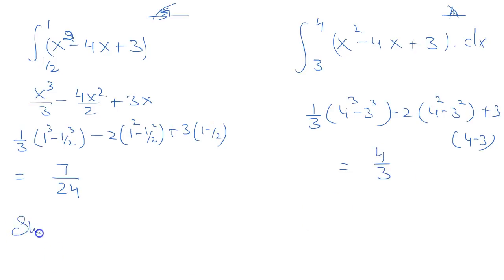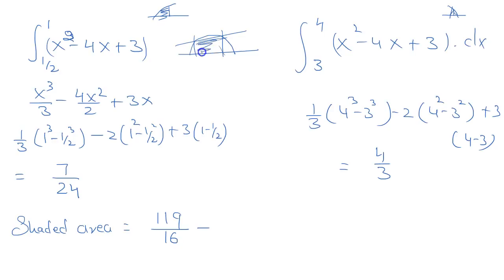So the shaded area is the area of trapezium, that is 119 over 16 minus the sum of these two areas, these two. This was the trapezium, and the curve was coming like this, no, like this inside.